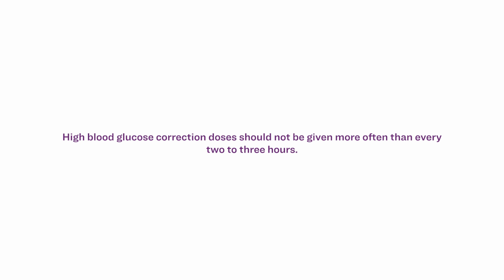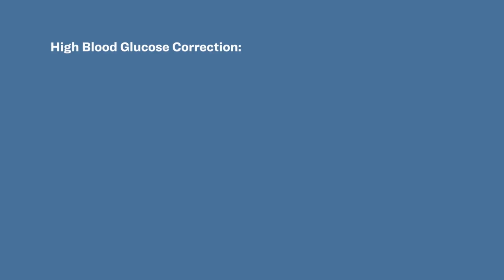Let's look at an example for how to calculate a high blood glucose correction dose. To do this, we will use the following formula. We will take the current blood glucose and subtract 100, the child's target blood glucose. Then we will take that answer divided by the correction factor.